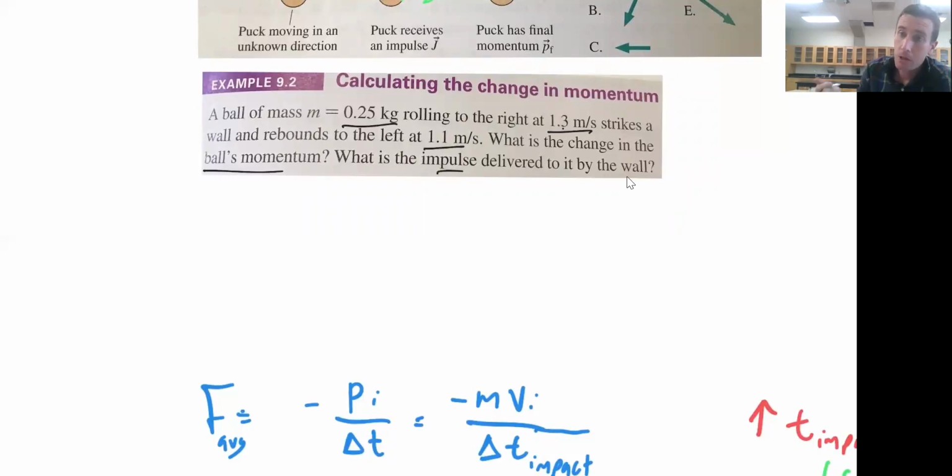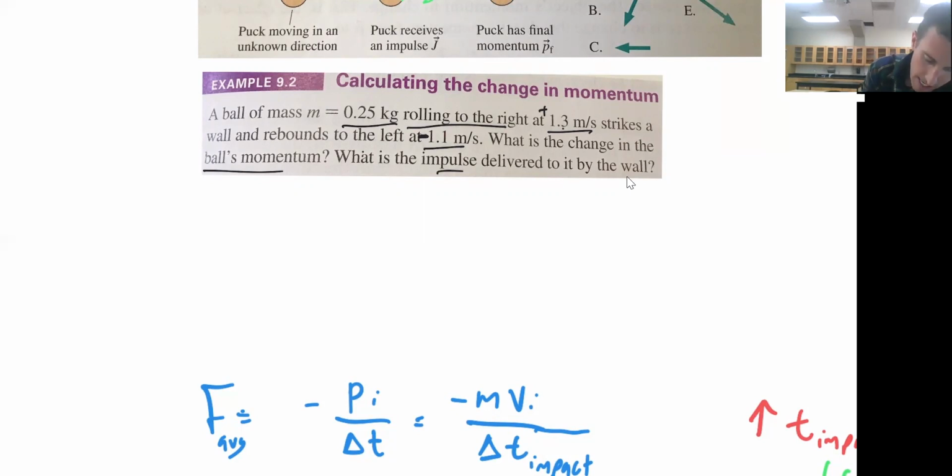Okay, so I'm looking for the change in momentum. And first I just want to note that the ball was rolling to the right at 1.3, so that's a positive 1.3 at the beginning. And then it rebounds to the left at 1.1, so that's a negative 1.1, right? Going back the other way to the left is negative.